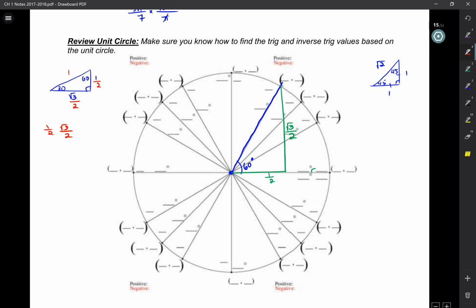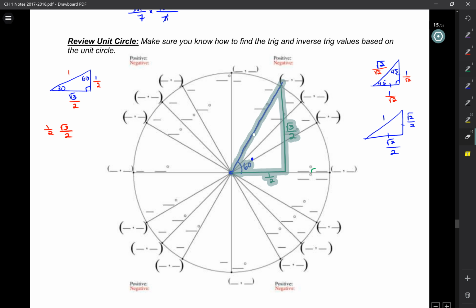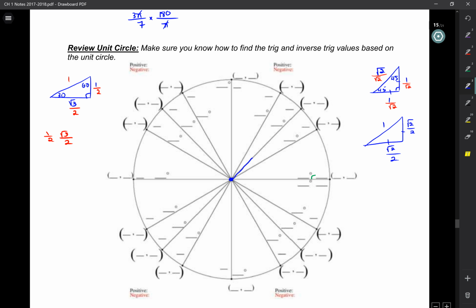Again, I need to make that hypotenuse a 1, so I divide by root 2 all over. Now if I draw that again, I have 1, root 2 over 2, root 2 over 2. So if I were to draw a 45-degree angle, the 2 legs are only ever root 2 over 2.